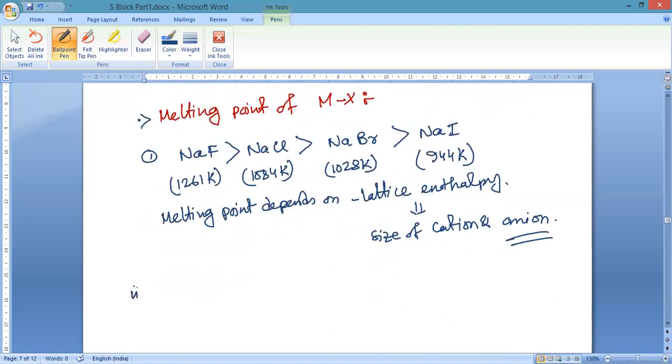Now coming to the next case: if I fix the halogen atom and change the metal atom, then what will happen?